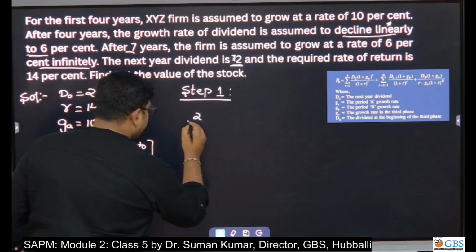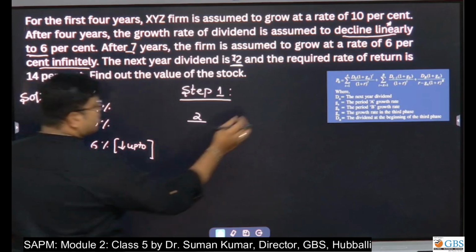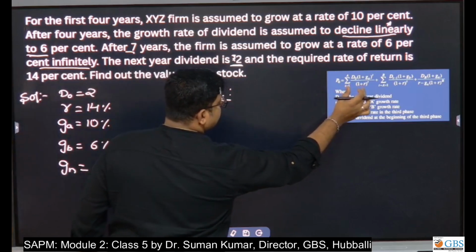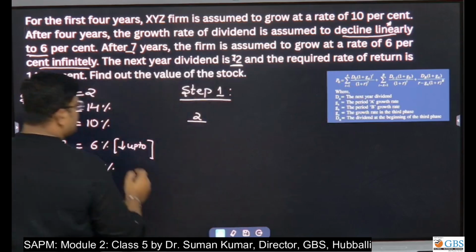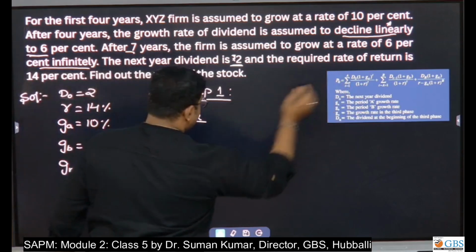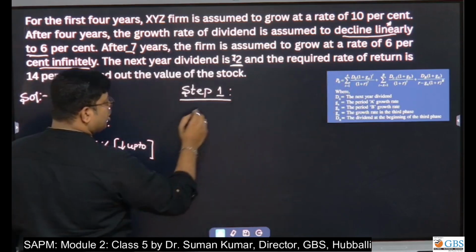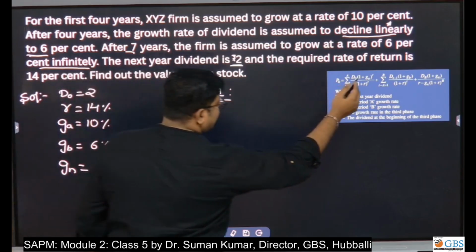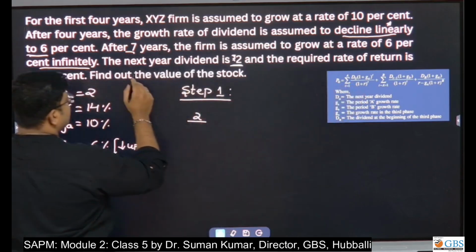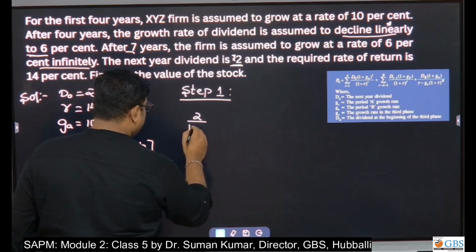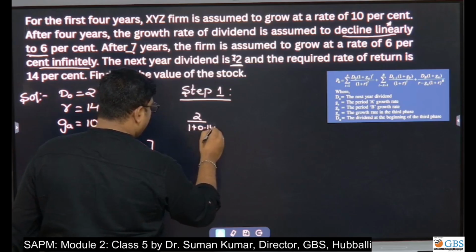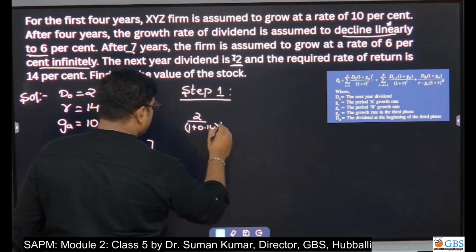I am taking the first part, step number 1. 2 rupees is the dividend, D0 is 2. We should not take a growth rate because it's the next year dividend. Then 1 plus R, that is 1 plus 0.14 raised to 1.